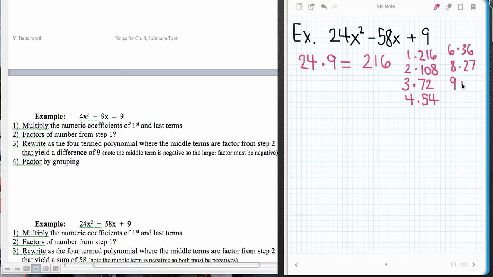And then 9 should go into this as well, so 9 times 24, yes.